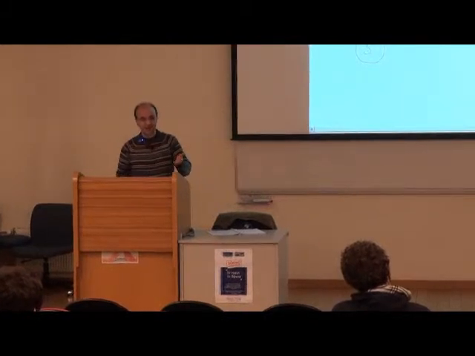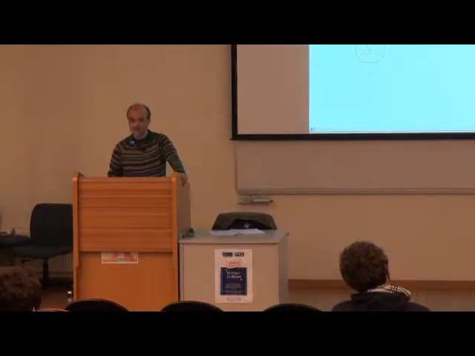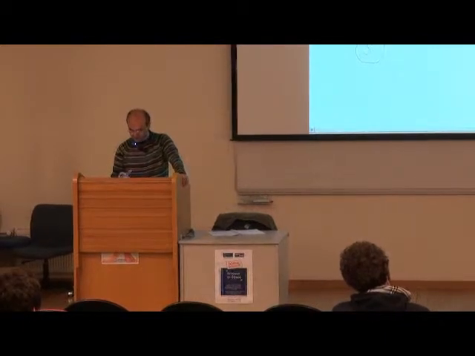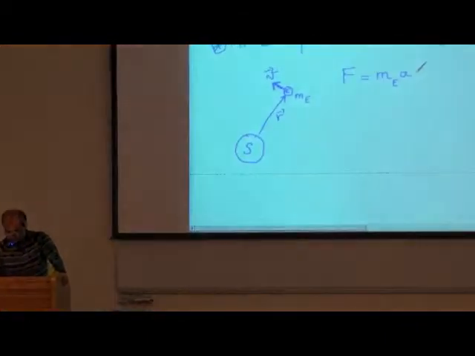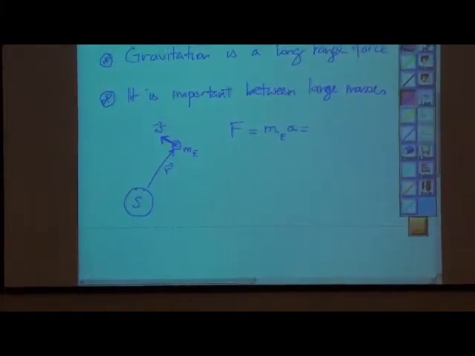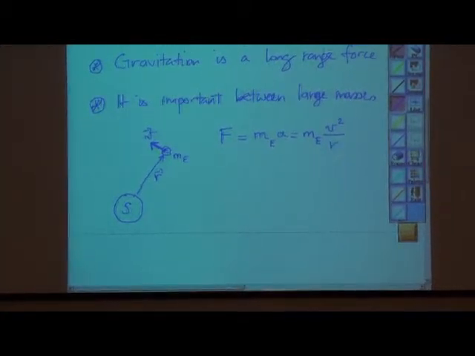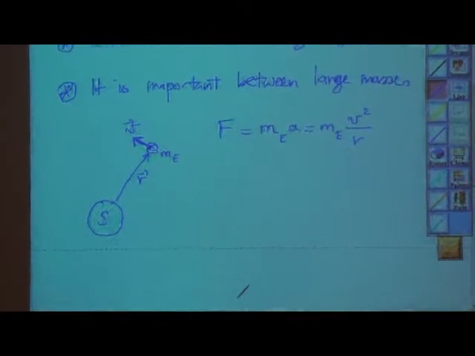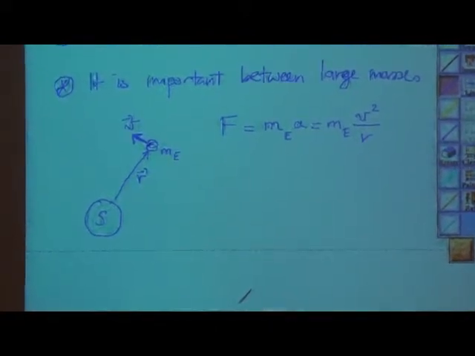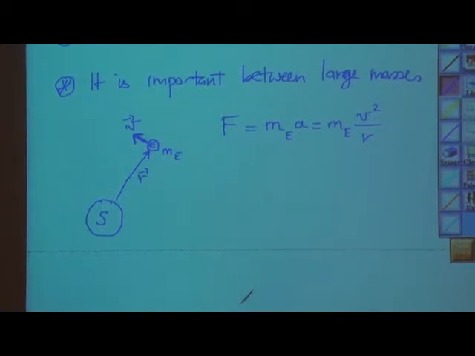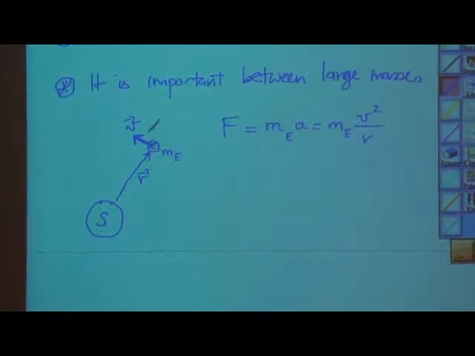If we identify that the acceleration here is the centripetal acceleration, then we can write that a is simply v squared over r. That is the centripetal acceleration: the constant speed on a circular path divided by the radius of the circle. So that's why I indicated this v over there, which is a constant. Speed is constant, but the direction is always changing because it's a circle. It's pointing in a different direction all the time.